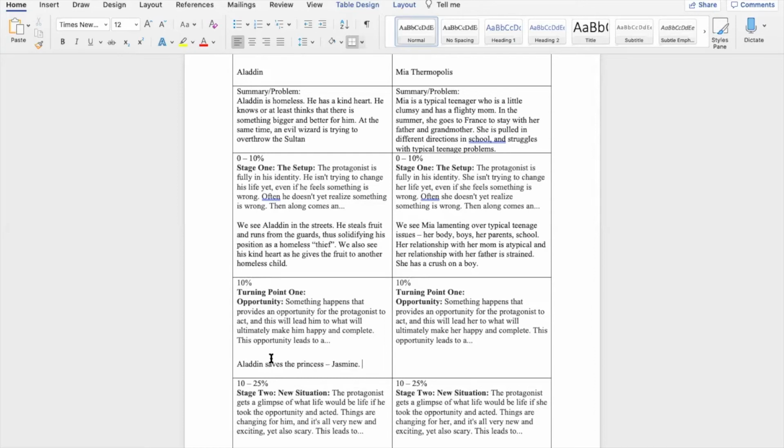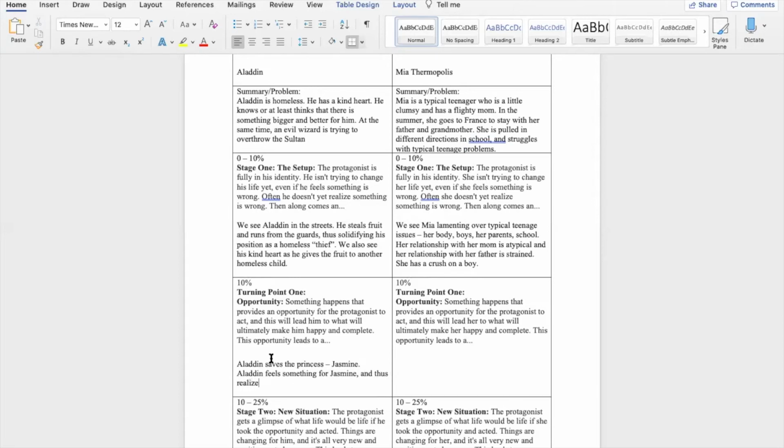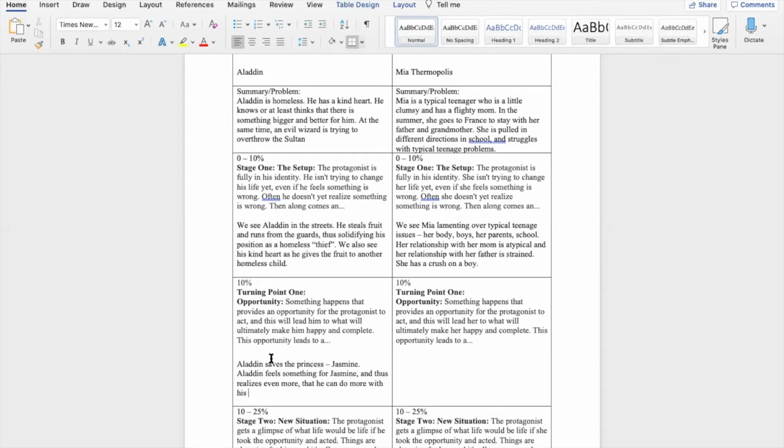Now that presents a new opportunity to Aladdin. You know, we could add in here Aladdin feels something for Jasmine, even though initially he doesn't realize she's a princess, and thus realizes even more that he can do more with his life.